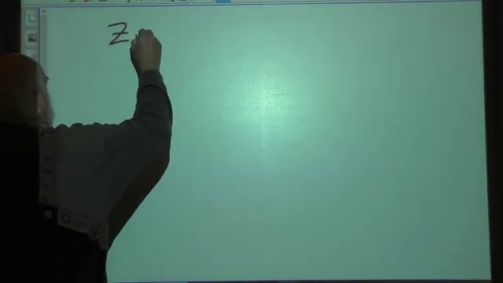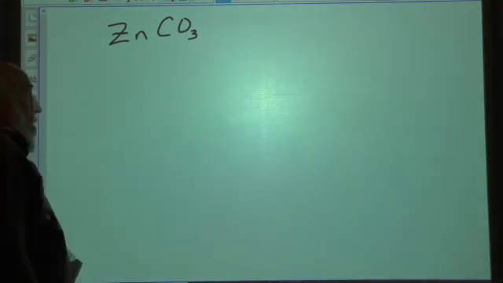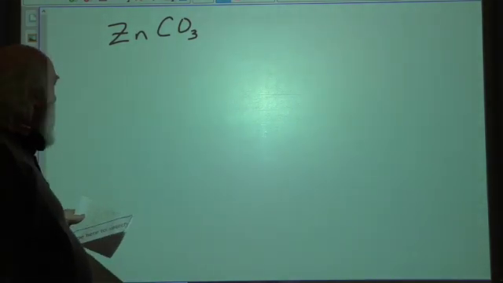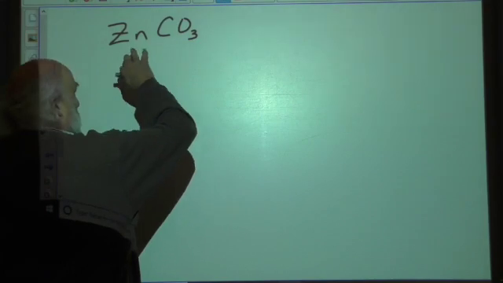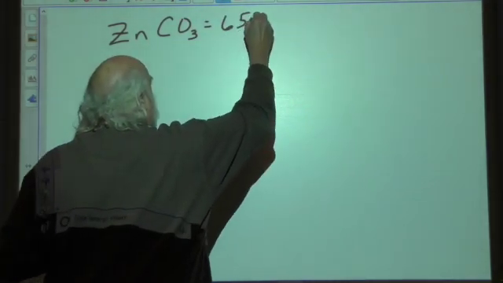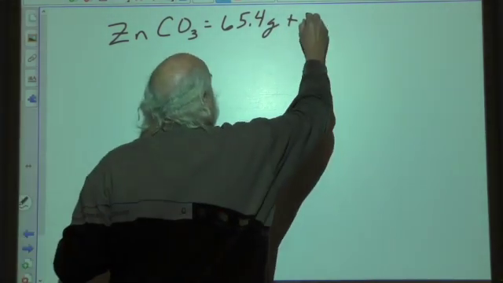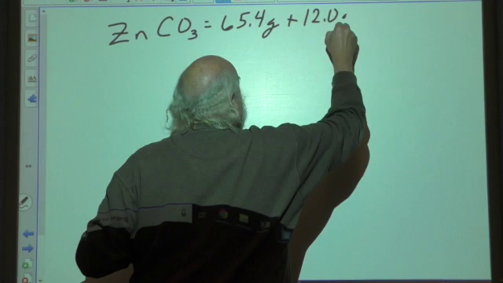The first one deals with zinc(II) carbonate. Now, for zinc(II) carbonate, we look at the mass of each one on the periodic chart. Zinc is 65.4 grams per mole. Carbon is 12.0 grams per mole.